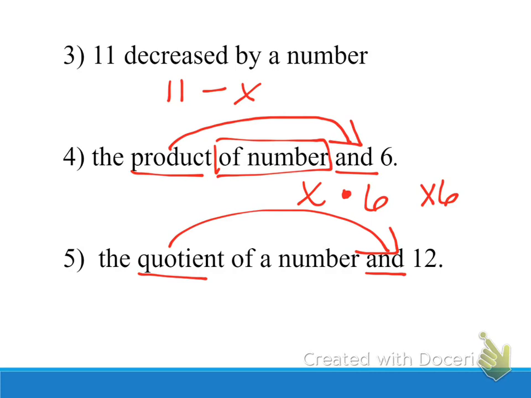Now, I'm going to tell you one of those really crazy rules of algebra. Neither one of these are wrong. This is correct. This is correct. But in algebra, there is a better way to write it. Because for some unknown reason, we always put the coefficient first. So what it really should look like is 6x.